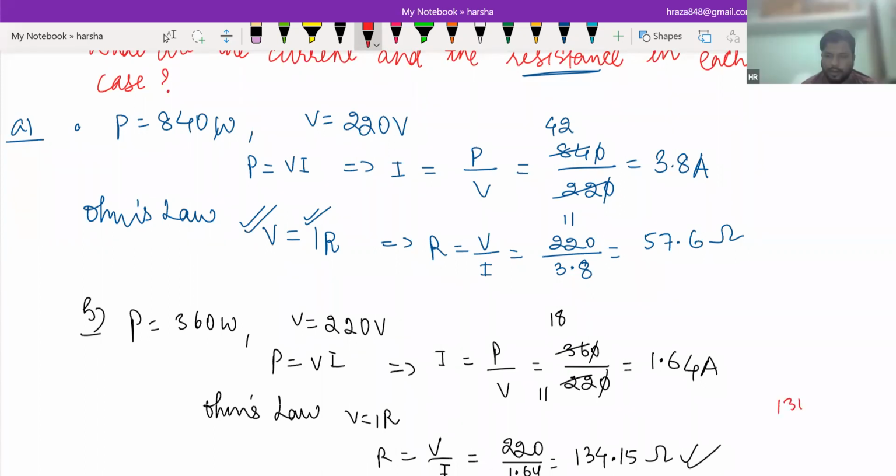Sir, 18 by 11 would be 1.63, right? Wait a minute. If you divide it, it will be 1.636363. After rounding off, it will be 1.64.